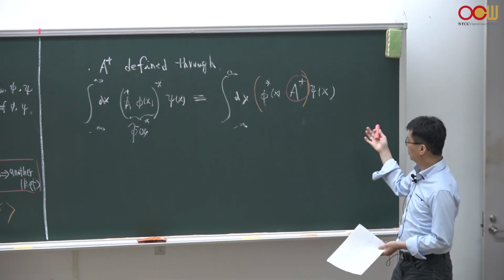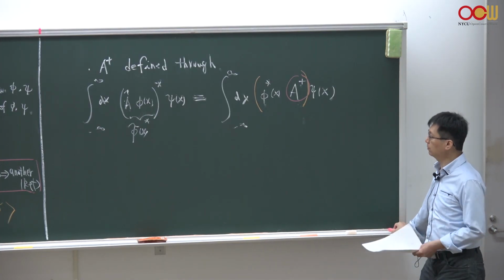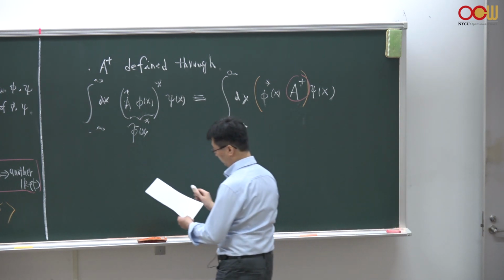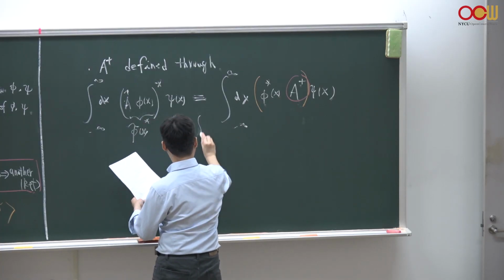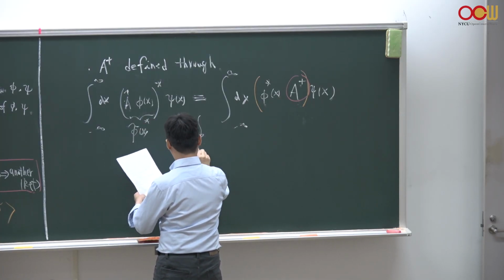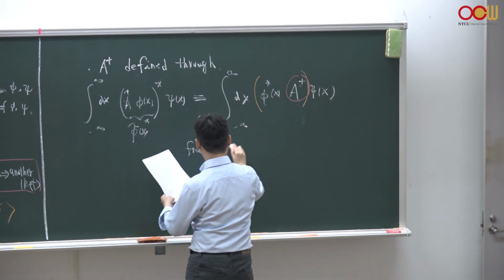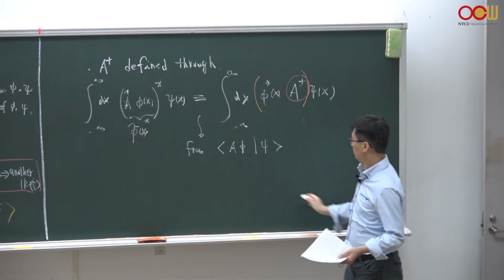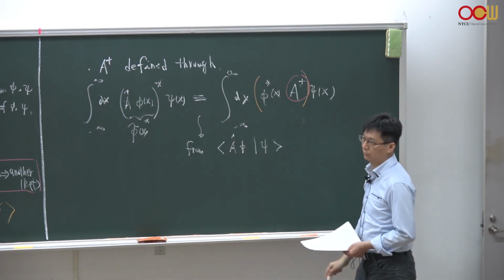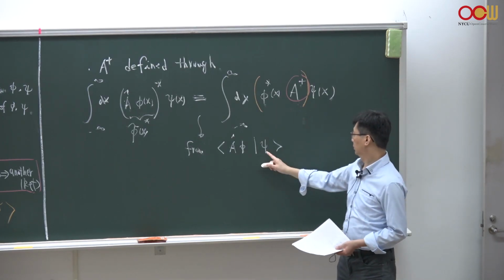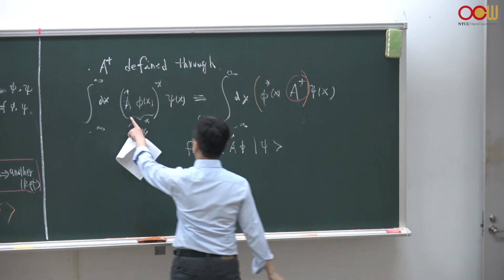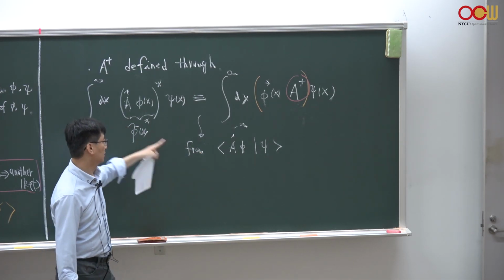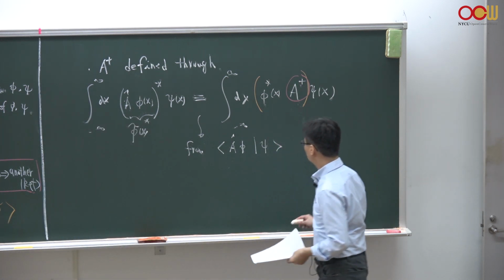But here I could use Dirac notation to further simplify this somewhat lengthy expression in the integral. I could simply rewrite this in terms of Dirac bra-ket states. This is nothing but the inner product between a Dirac bra state, which is made of A acting on the Dirac ket state phi, and the Dirac ket state psi, right? So you could simply translate this overlap integral into bra-ket notation.